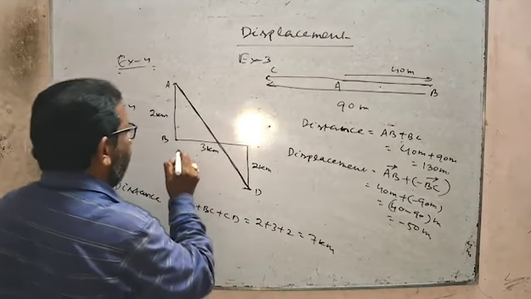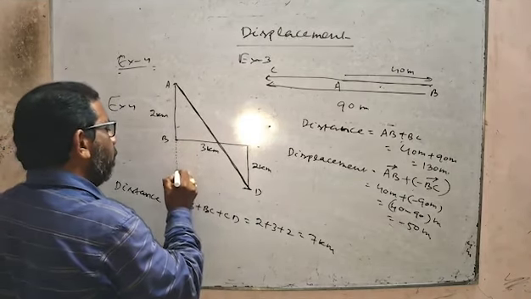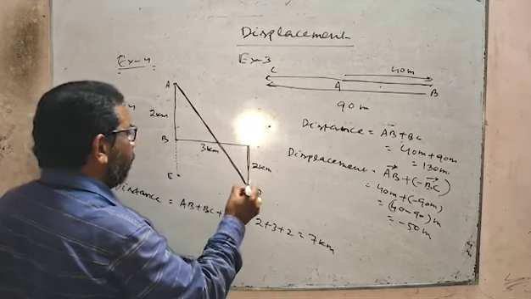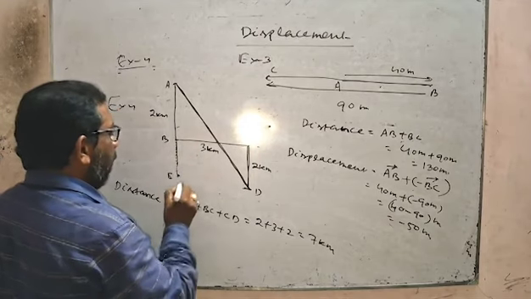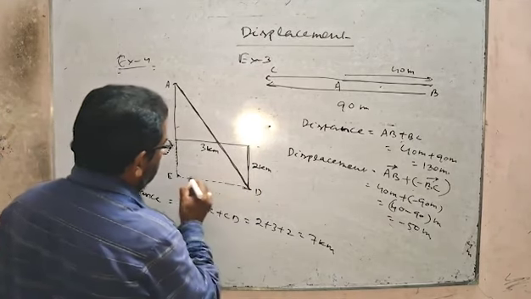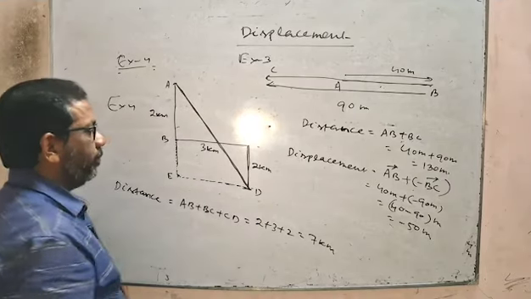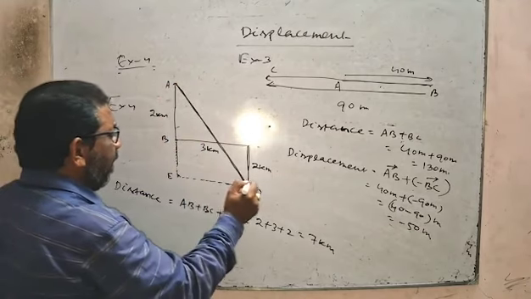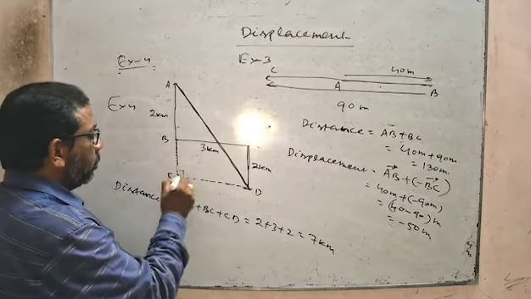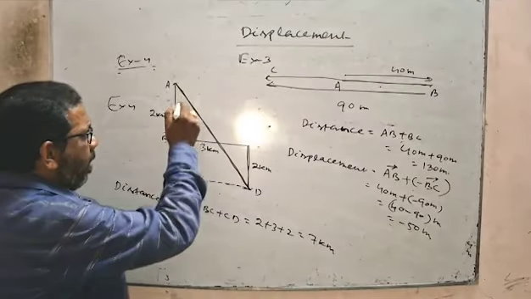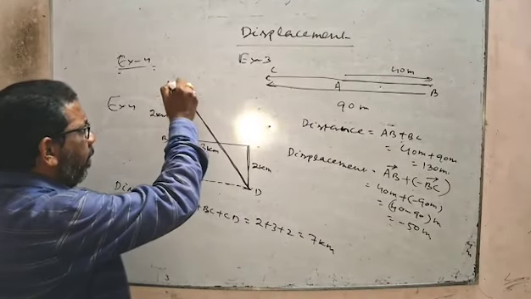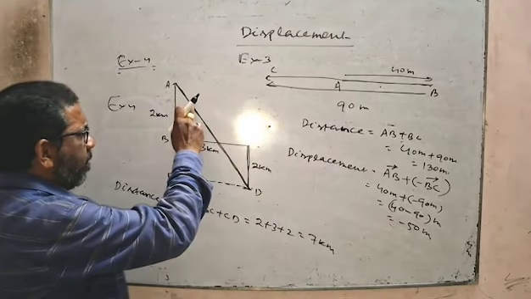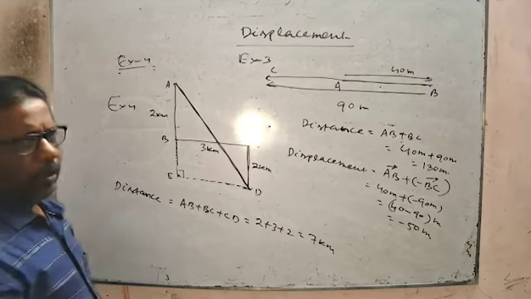To find AD, produce AB to E such that CD is equal to BE and join D and E. Now you see this AED is a right angle triangle, and from this right angle triangle we can find the hypotenuse. If we find the hypotenuse, then we can know the displacement.